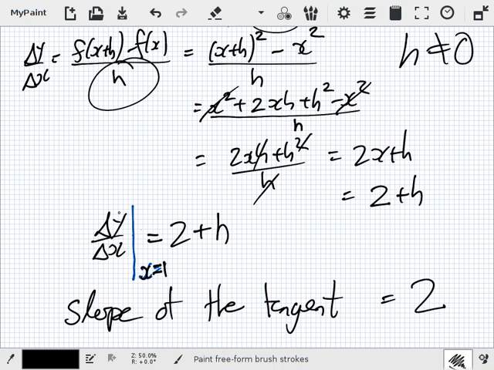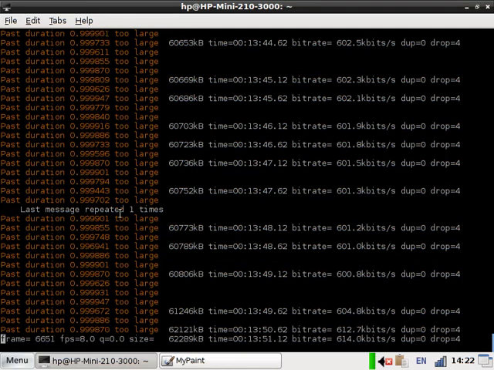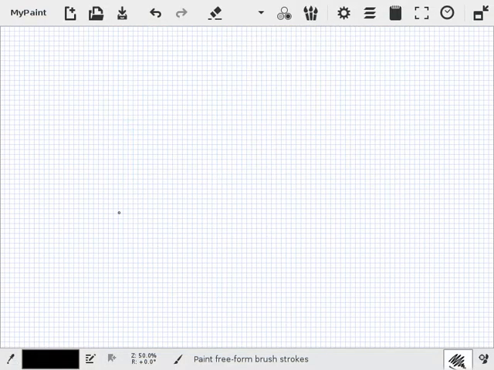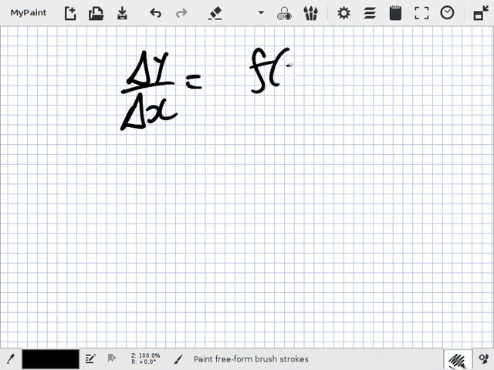Have we got this? Now we can actually put this into a formula. We said that the secant slope is given by this formula.